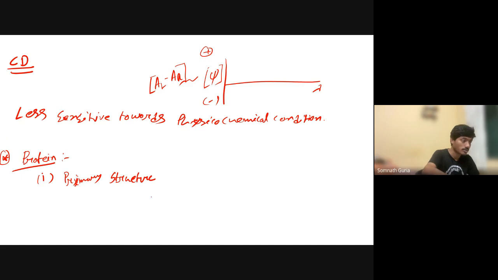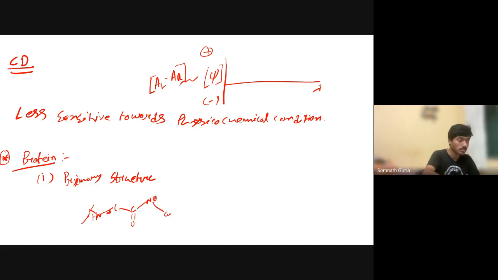We have C double bond O, this C will be the chiral one. We have the N, H, followed by the NH amide bond.